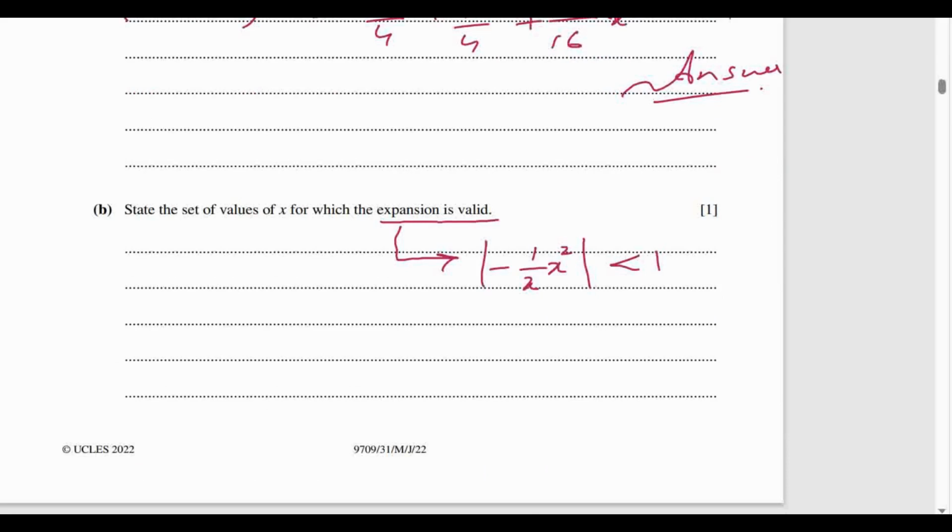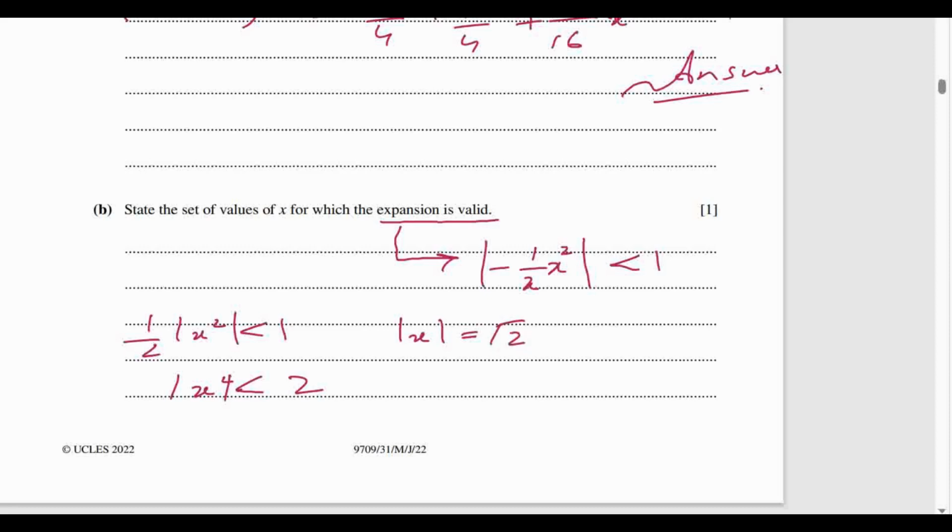So 1 by 2 x square should be less than 1 because ये नेगेटिव को पॉजिटिव कर दिया एब्सोल्यूट ने. So x square should be less than 2, क्रॉस मल्टीप्लाई किया, and further we can write it as x will be less than square root of 2.